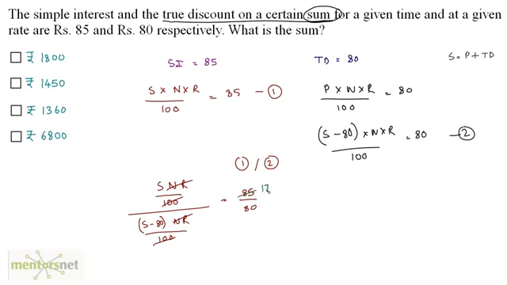So 5 times 17 is 85 and 5 times 16 is 80. So we have 16S is equal to 17S minus 80 times 17, which is equal to 1360, right? So I have S is equal to 1360. So the sum is 1360 and that is option C.